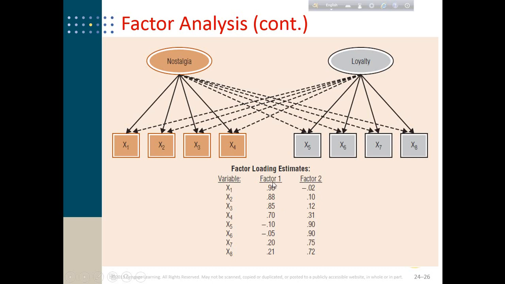For example, if you look at factor 1 and factor 2, and in factor 1, look at the loadings for x1, x2, x3, and x4. These loadings are much higher compared to the loadings of the other four. So you can see these four variables belong to one particular group. And if you look at variables 5, 6, 7, and 8, with loadings 0.9, 0.9, 0.75, and 0.72, that means these four variables belong to another factor.